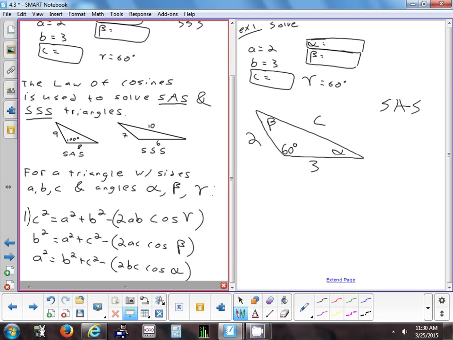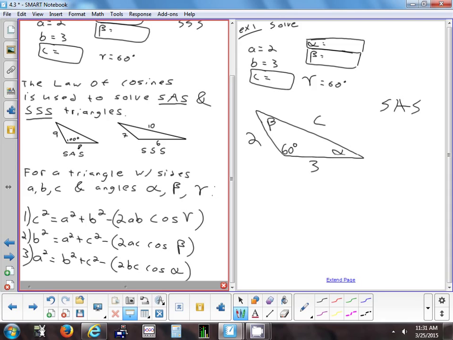Let's call this one 1, 2, 3. You're going to have to use 1. Why? Because we're given gamma and no other angles.